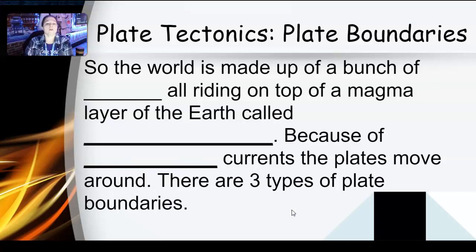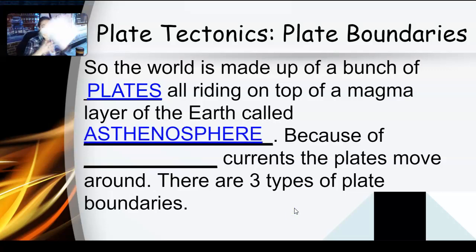All right. So the world is made up of a bunch of plates all riding on top of the magma layer of the Earth, and this is called the asthenosphere. If you didn't know that, on page 10 of your reference table, it does say it right there.